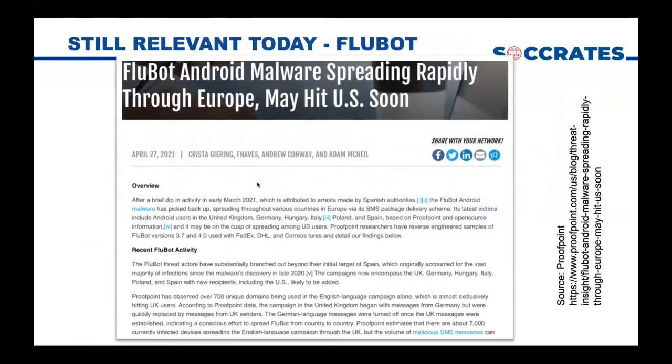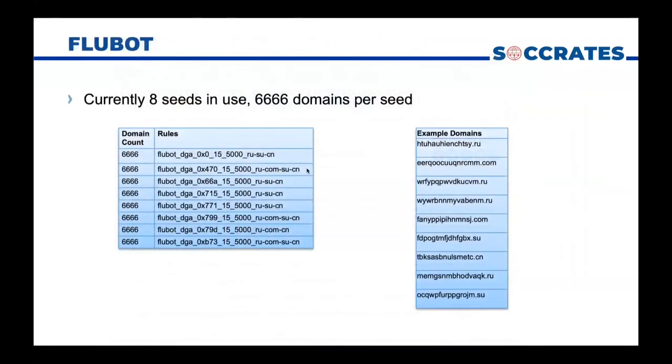FluBot is an example: Android banking malware that has been very active throughout Europe this year, has caused quite a lot of damage within the EU and also outside, and in the last few months expanded also to Australia, and possibly will expand to other areas of the world. These are examples of FluBot with 8 different DGA seeds.